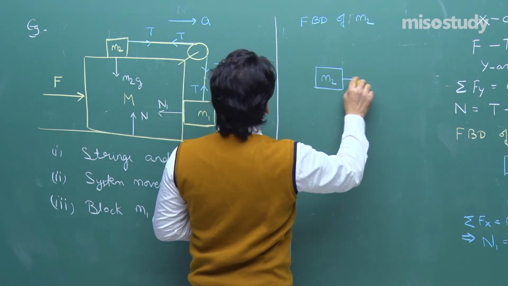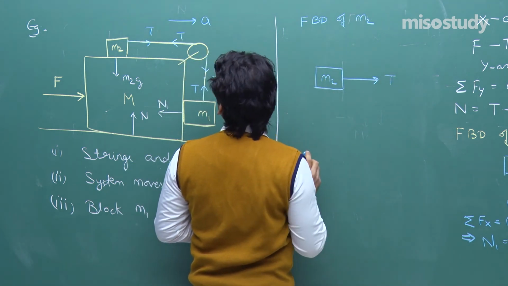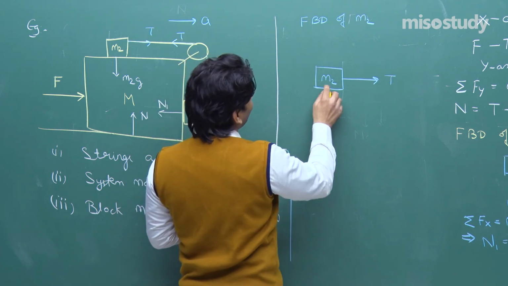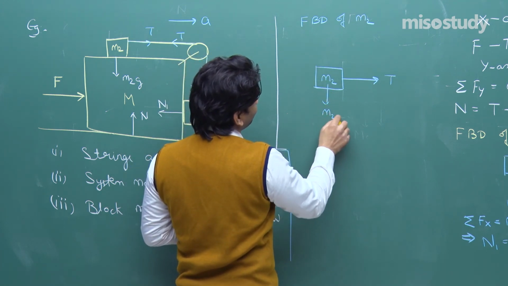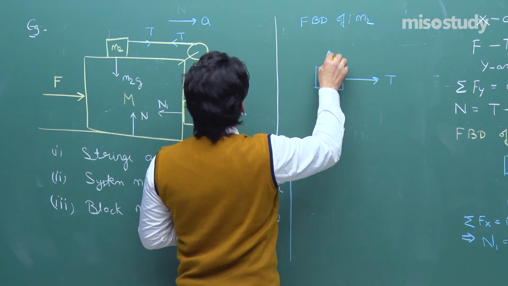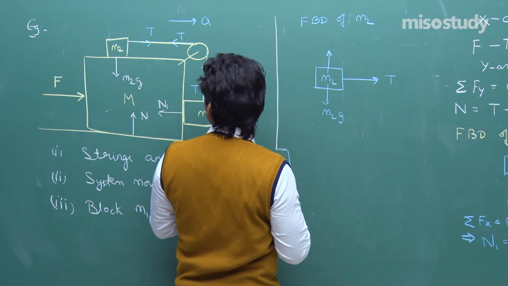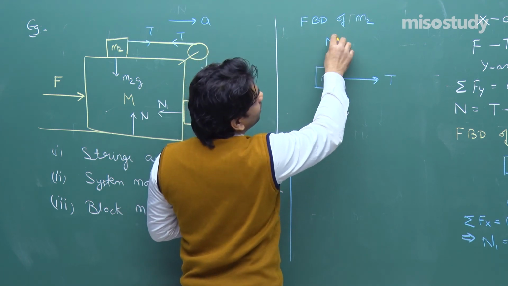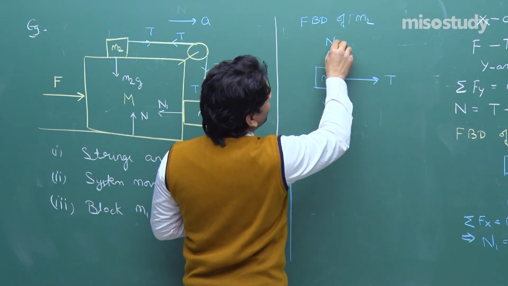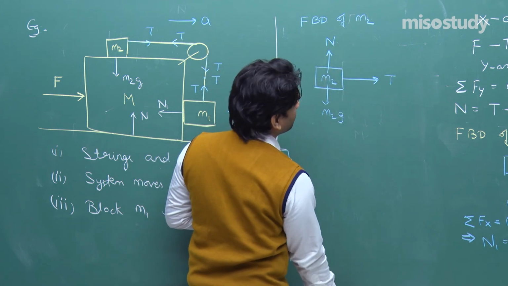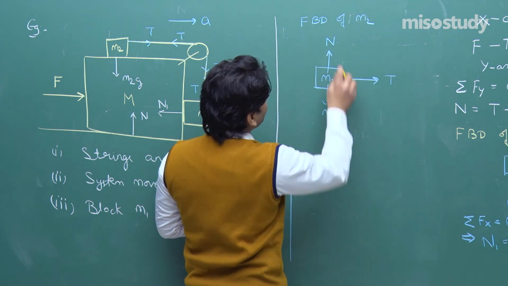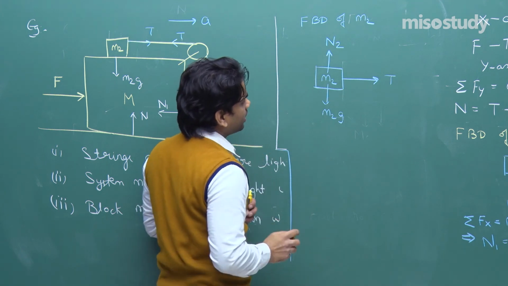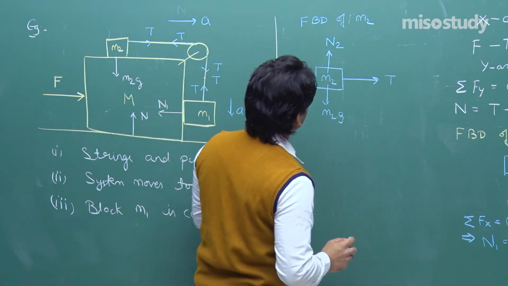Now the force acting is tension towards right, and we will be having M2g in the downward direction, and we will be having normal reaction. I have already used N1 for that, F minus T we have used, so this should not be N1, this should be N2. Let me take this as N2, and N2 will be equal to M2g, that we have seen.